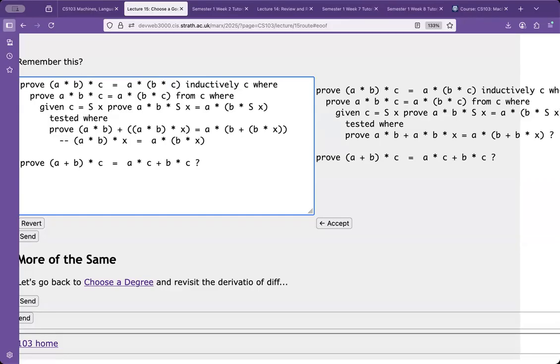So just have a look. What do you like, Clemens? I like A times B times X, because it's on the left-hand side of the proof. Yes, it's right there, ready to go.